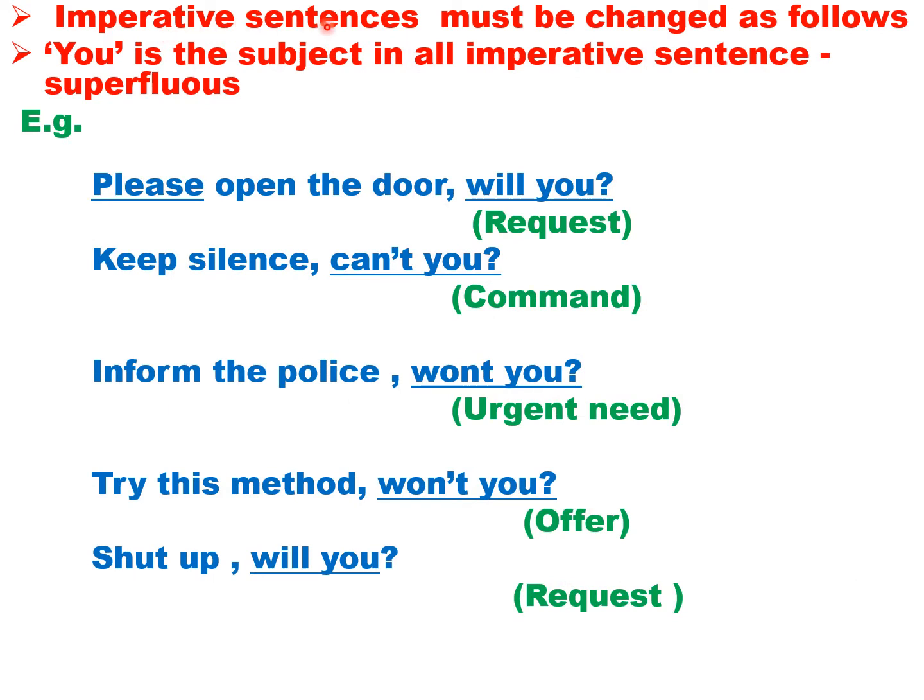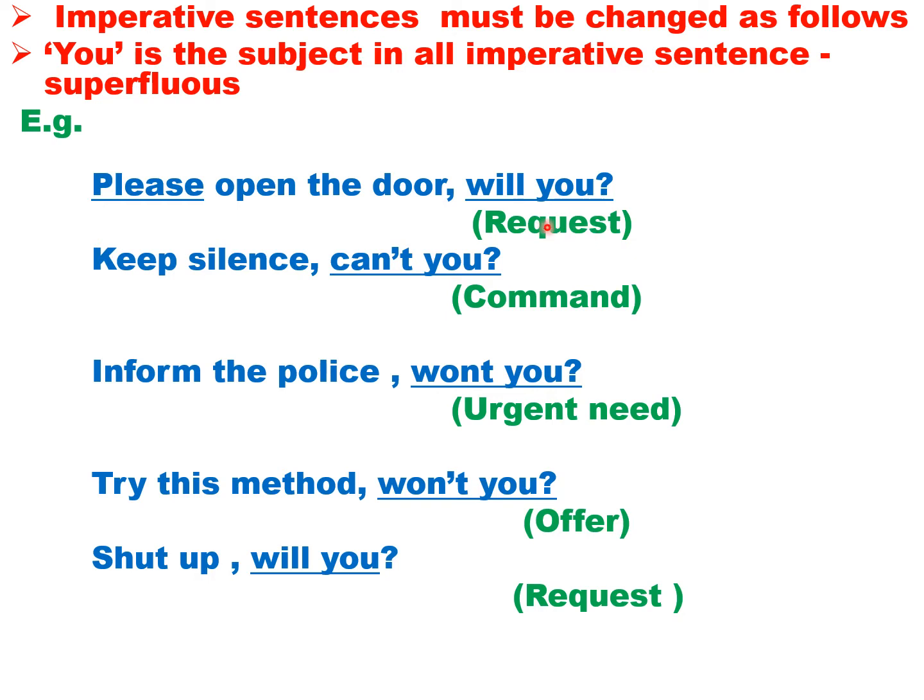Imperative sentences must be changed as follows. For both positive and negative imperative sentences, we must use the question tag will you. You is a subject in all imperative sentences. It is superfluous, that is, it is understood. Please open the door. Will you? This is a request.